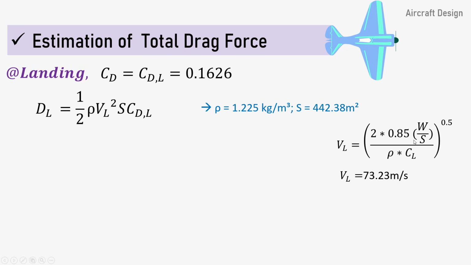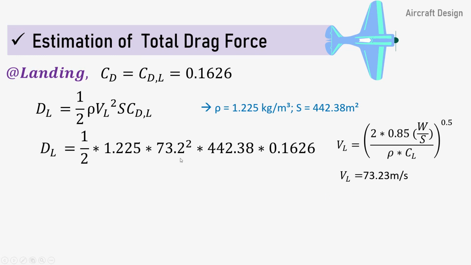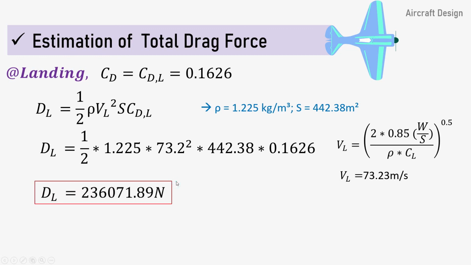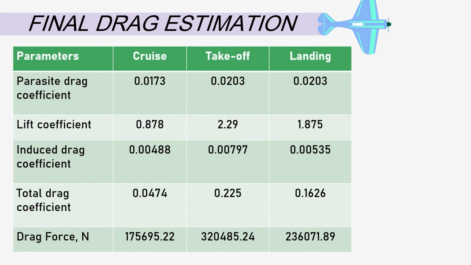Now applying that value in this formula, with C_D,L about 0.1626, and substituting all the values, we get around 236,071.89 Newton. So here is the final result of the drag estimation of the aircraft.